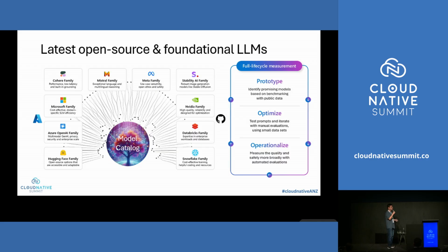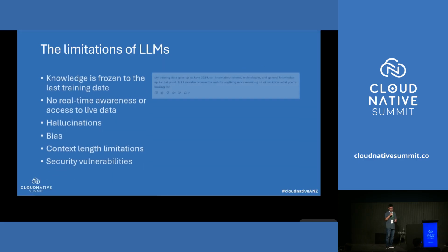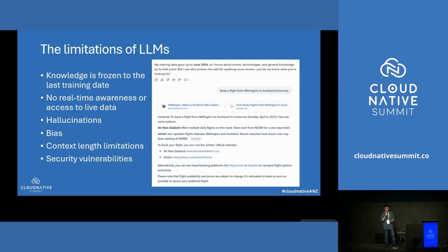But as engineers, when we develop our AI applications, we need to know what advantages and limitations they have, so we understand how to use them effectively. The first limitation of LLMs is that the knowledge is frozen to the latest training data.